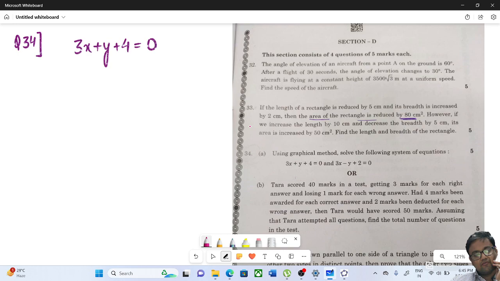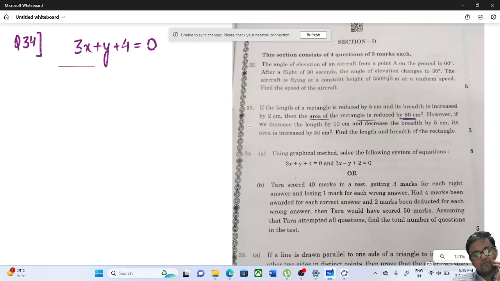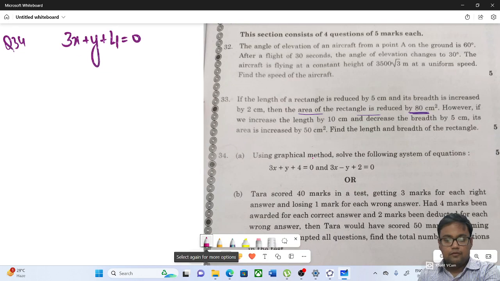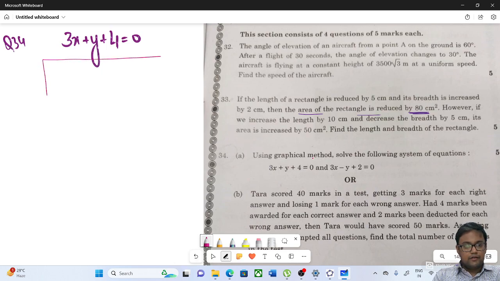You can put x equals to 0. I can make a table here like this. See, children, you can make a table like I am making here of x and y's. Only two values are sufficient for plotting a line.